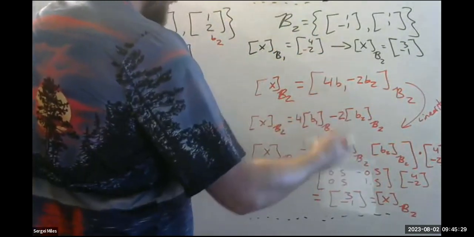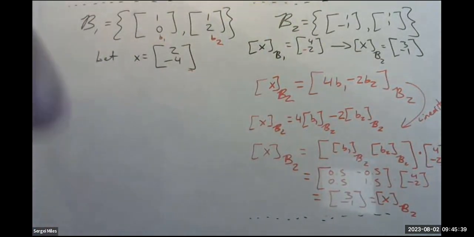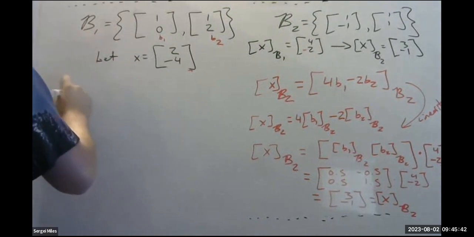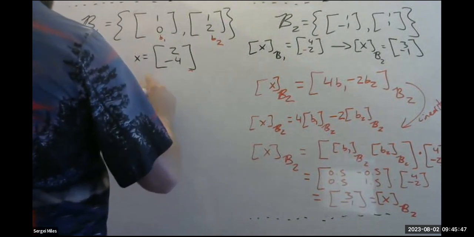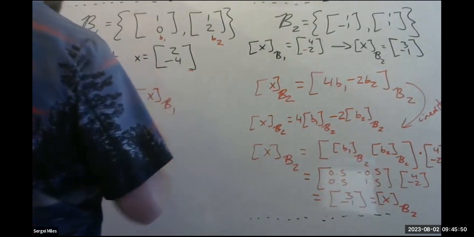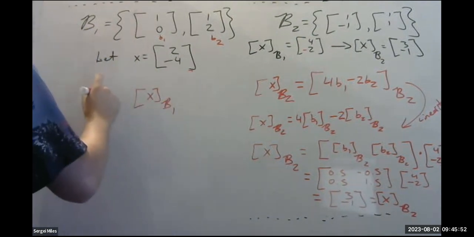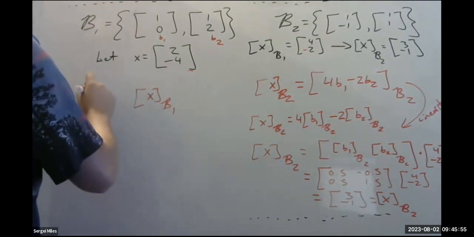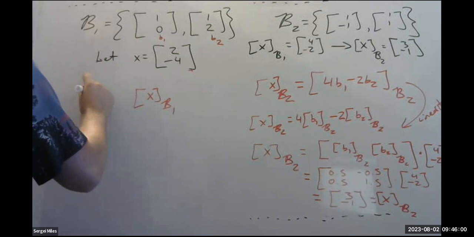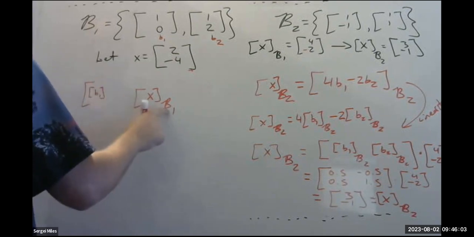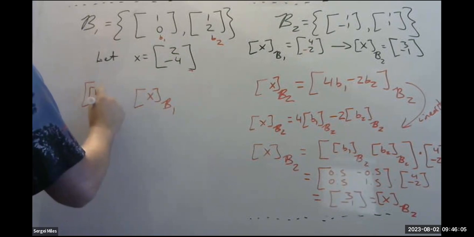This is the same thing as taking this linear combination, which is the same thing as this matrix multiplication, which is the same thing as saying if you ever are starting with a vector in terms of one basis, well, if you want to change it into another basis, then you have to find what the vectors of the first basis are in terms of the new basis.